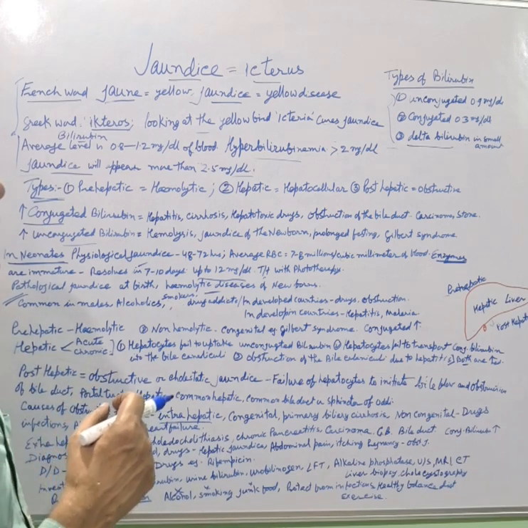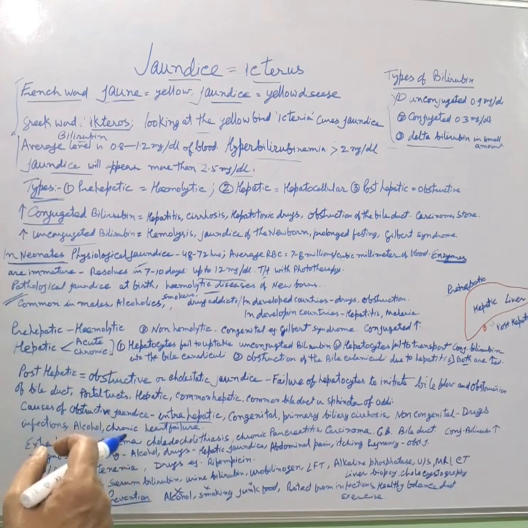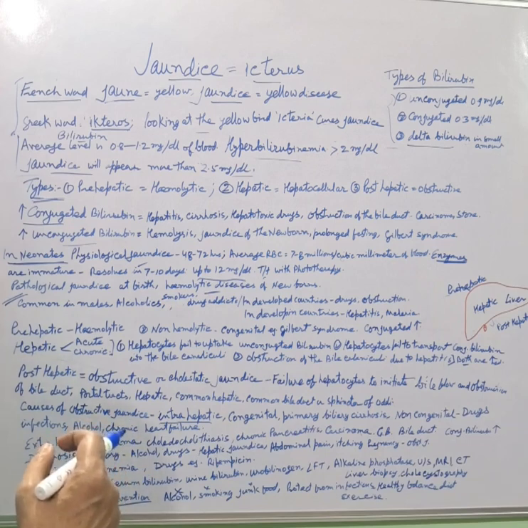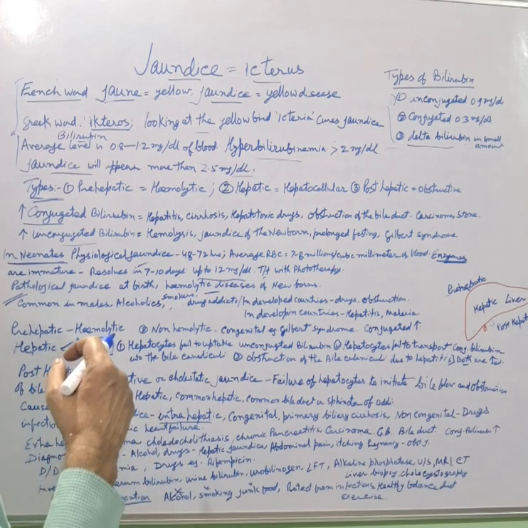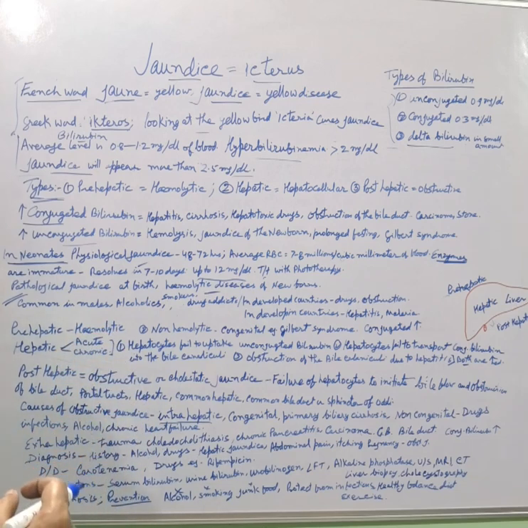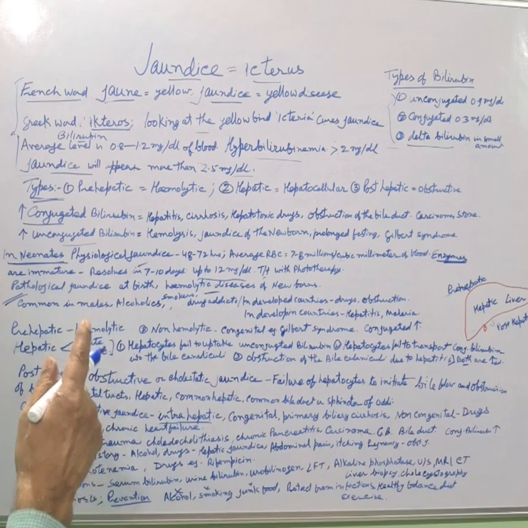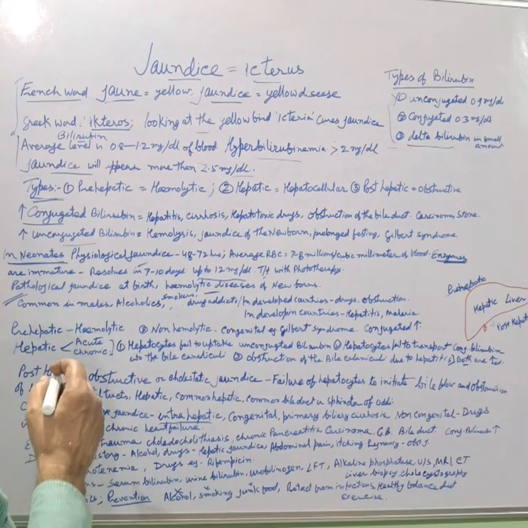this hemoglobin are not mature. Therefore there is accumulation of bilirubin, and this will cause unconjugated bilirubinemia.